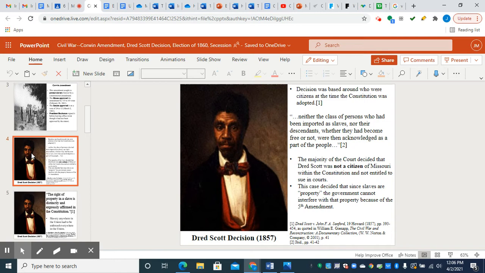On the other side of it, if they say, no, Dred Scott and others like him would be free in this case, that's basically going against the Fifth Amendment, because since slaves were legally property, that would basically be saying a state could, as anywhere in the United States, simply declare you don't own your property anymore.